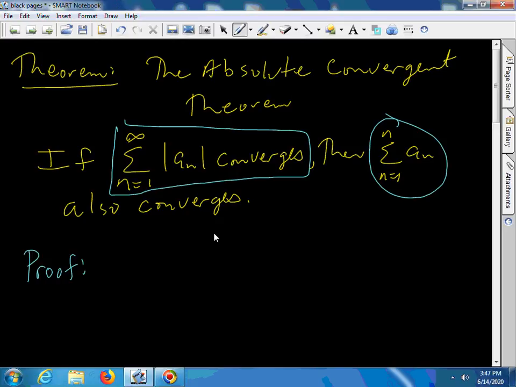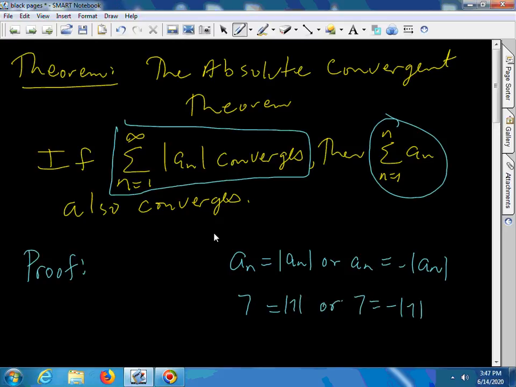Now, before I write this, I just want to point out, either a sub n equals the absolute value of a sub n, or a sub n is negative and it equals negative the absolute value of a sub n. It equals one of those two. 7 is either equal to the absolute value of 7, or 7 is equal to negative the absolute value of 7.